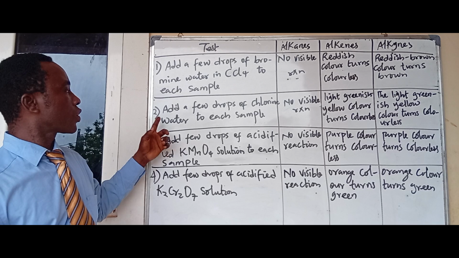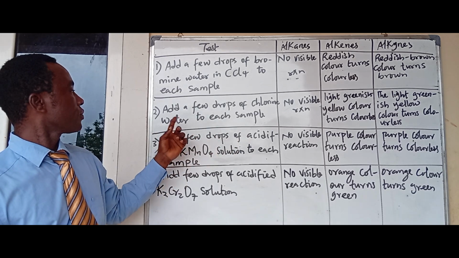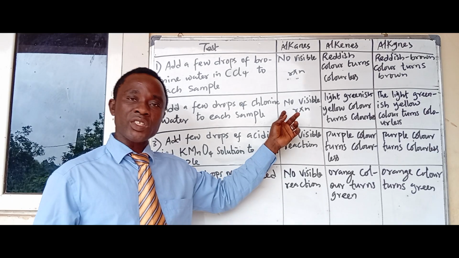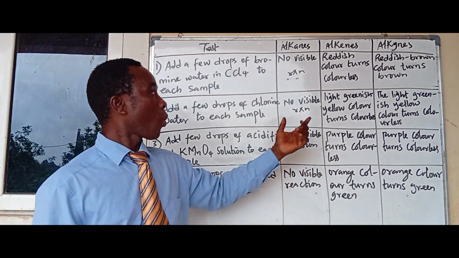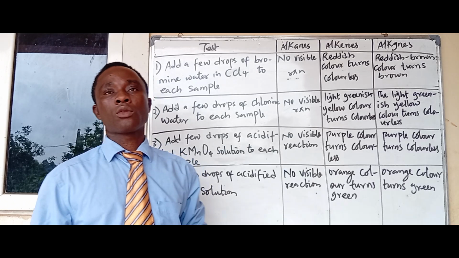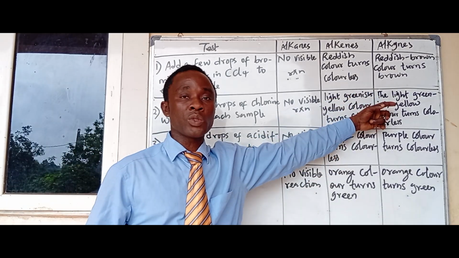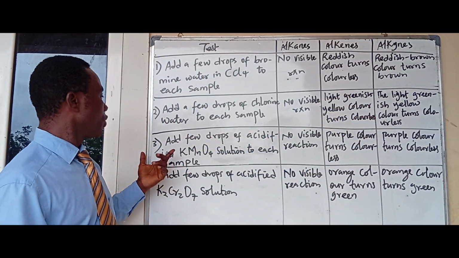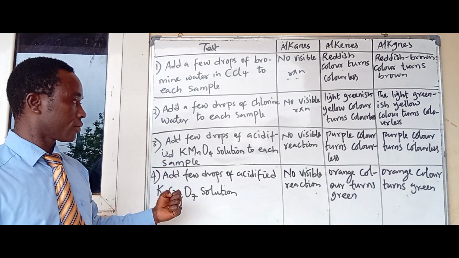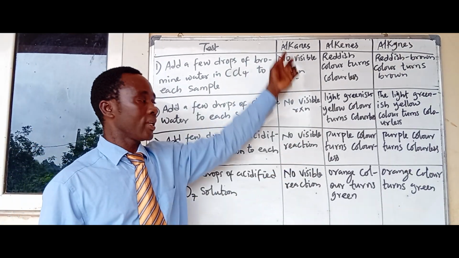Then if I use chlorine water, you add a few drops of chlorine water to each of the samples. There will be no visible reaction with alkanes. For alkenes, the light greenish yellow color turns colorless. The same thing happens with alkynes. Then we use acidified KMnO4 solution. No visible reaction for alkanes.